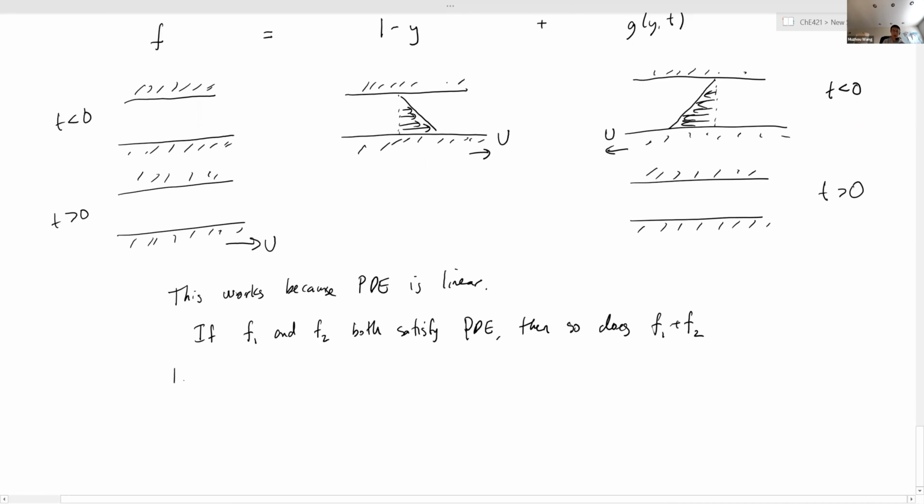So here, we let F1, in this case 1 minus y, be a steady state solution.